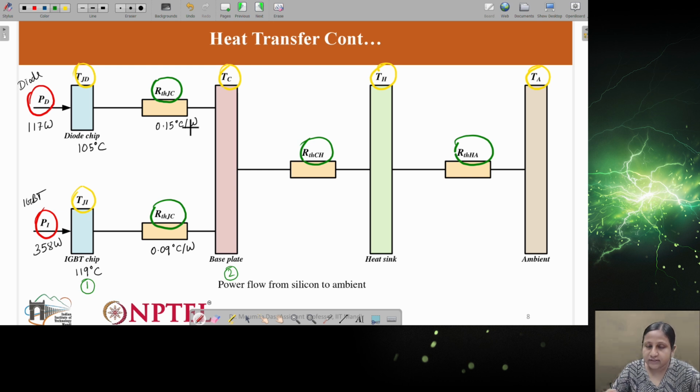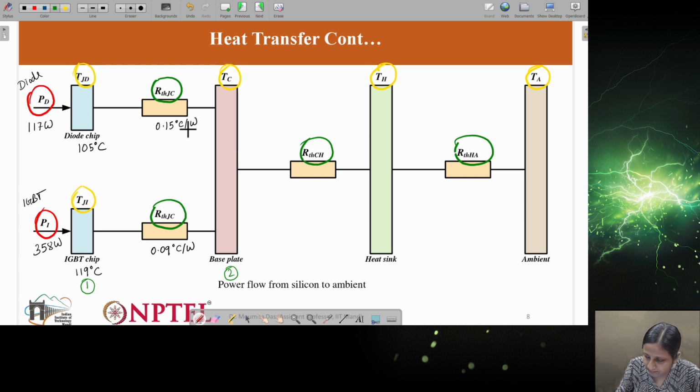Because this thermal resistance is present, there will be some temperature drop across the resistance. This temperature drop will be the power flowing, or the heat flow, which is 117 watts in the diode, multiplied by the thermal resistance. That is generally known as the voltage drop in the resistance of an electrical circuit.